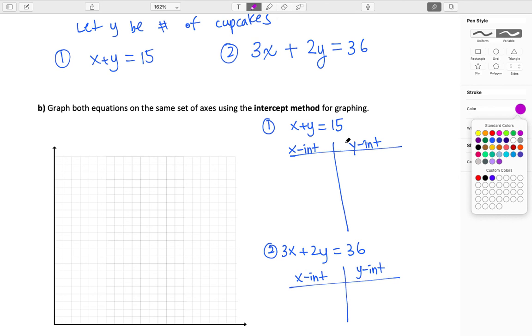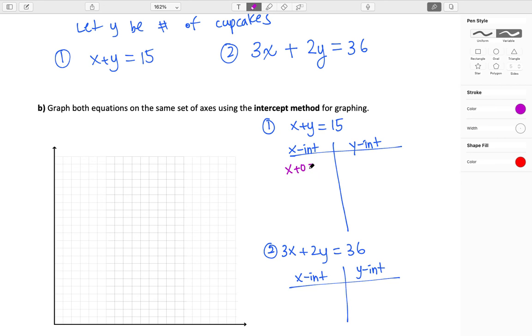So to find x-intercept, we are putting y as 0. So it looks like 15, 0. For y-intercept, I'm putting x as 0. So my y-intercept is at 15.